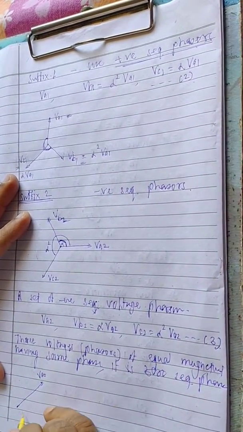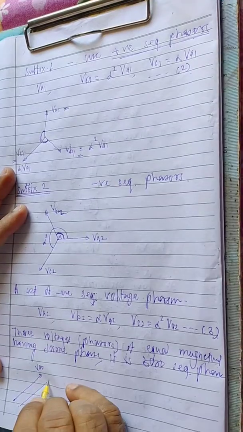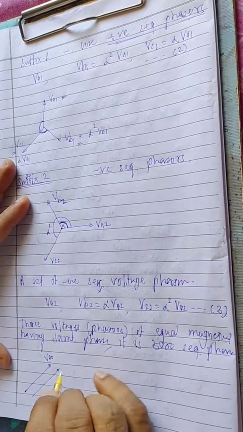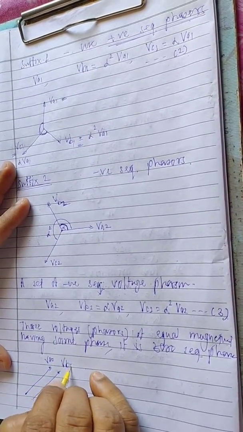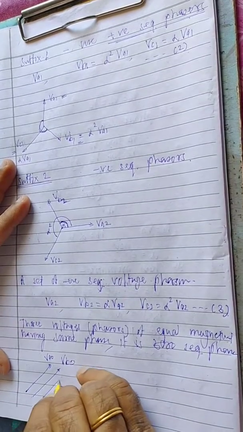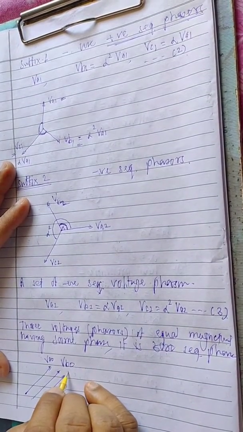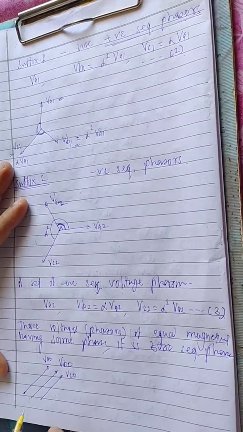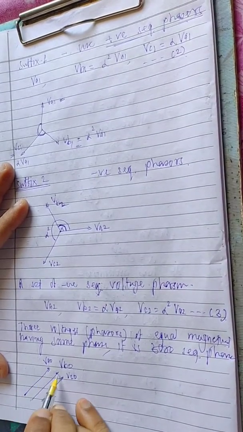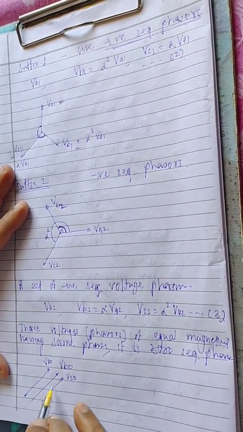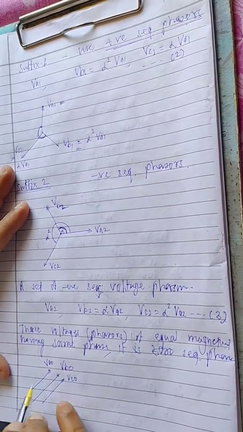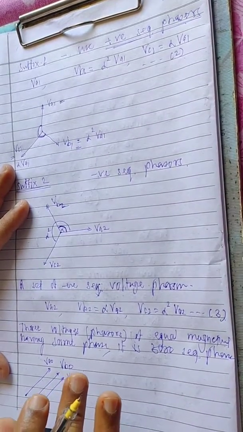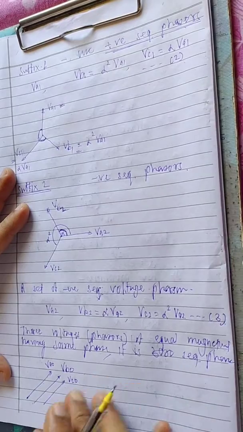Vectorially we can show this is VA0, VB0 and VC0, voltages of the same magnitude, so the vector lengths should be the same. All three vectors have equal magnitude and no phase displacement; they are parallel.